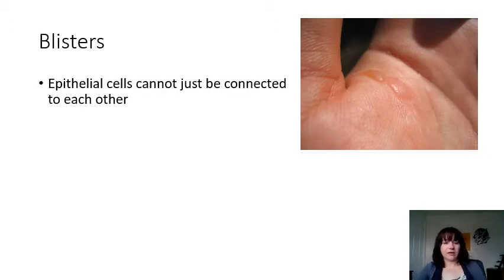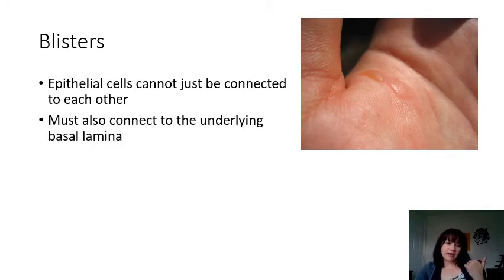So I tried to find the least gross picture of a blister for you guys that I could, so you're welcome. Blisters, what do these have to do with desmosomes? So cell-cell connections are what help keep tissues and layers of tissues bound to each other properly, right? Now we talked about cells being connected to each other laterally, but these cells also need to be connected underneath to the basal lamina, right?